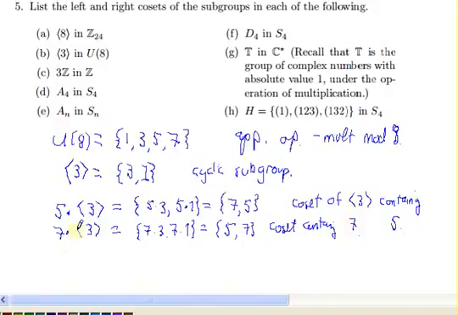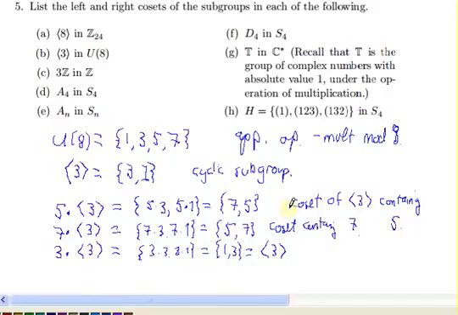Now I could do the same thing with 3. If I took 3 times angle brackets 3, I would get 3 times 3 and 3 times 1, which gives me 1 and 3. That's the same thing as the subgroup itself.